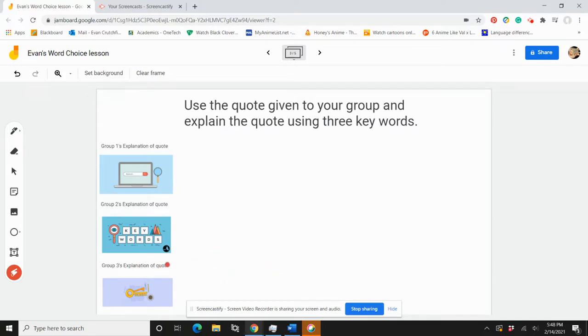After that, I'll have them create text boxes or just write a simple sentence or two explaining what the quote means using the three key terms and what the quotes mean for themselves. After that, of course, I'll go over and explain a more in-depth explanation of the quotes.